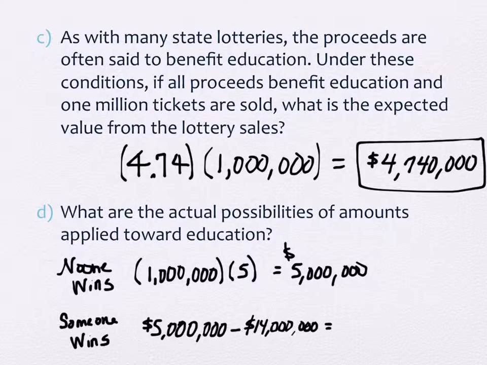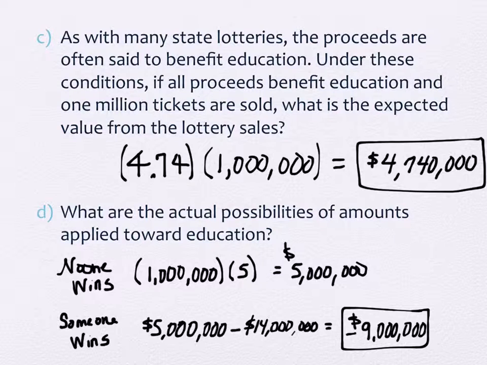So what do you get if you have 5 million and you take away 14 million? Negative $9 million for education. Where'd you get the 14 million? It was in the problem to start with.